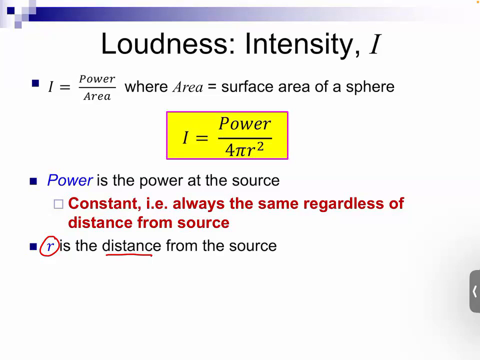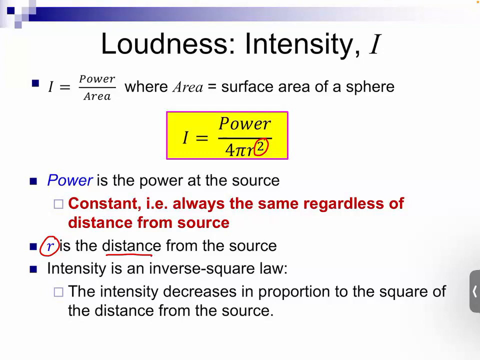All right, the other thing to notice is that the intensity is inversely proportional to the distance squared. So that means that intensity follows an inverse square law, which means that the intensity decreases in proportion to the square of the distance from the source.